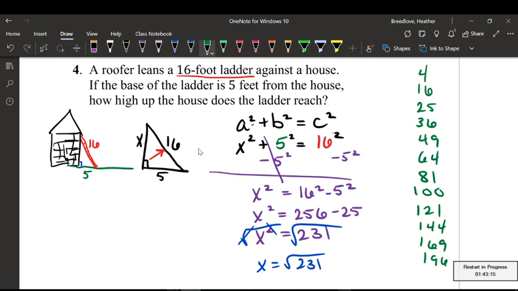So 231, what if I divide it by 121? Nope. 81? Nope. 231 divided by 64? Nope. 49. 36. Nope. 16.